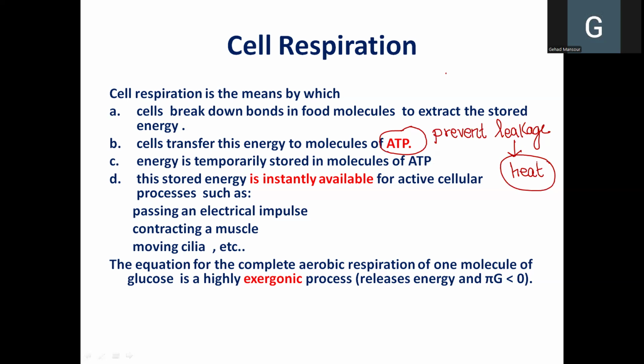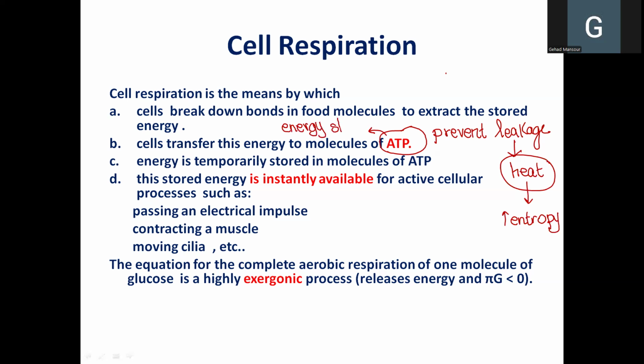And when it is leaked in the form of heat, most of this heat cannot be utilized, and therefore it will be dissipated to the environment, and dissipation of heat to the environment will increase disorder or will increase entropy. And therefore, ATP is considered an energy storage molecule in the cell.